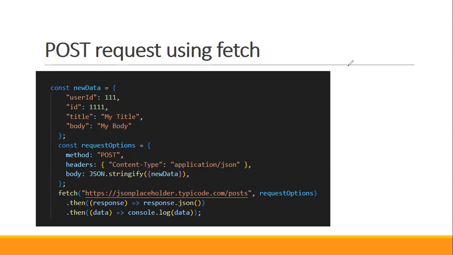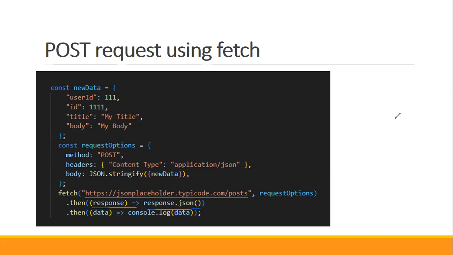Obviously, whenever we request data, in response we get data, but now we are sending data. So what will we get in response? The response will contain the status code, telling whether the request was executed correctly or not.